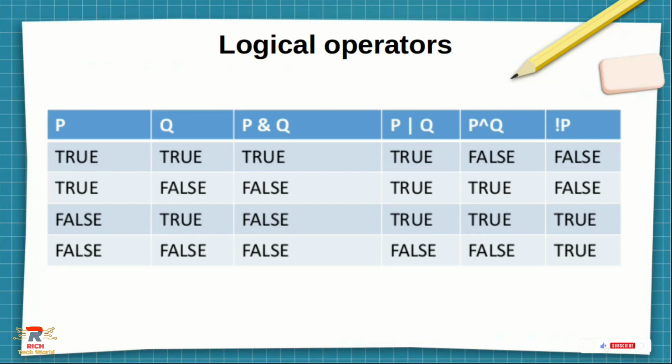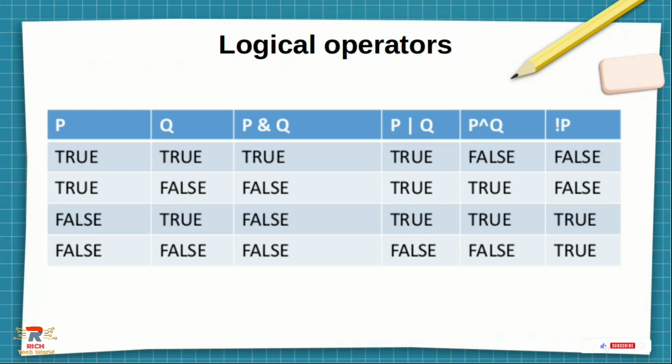Now P and Q are the values we are using here. For the first situation, we have P to be true and Q to be true. We are going to see the outcomes when P and Q contain these values, using the logical operators.